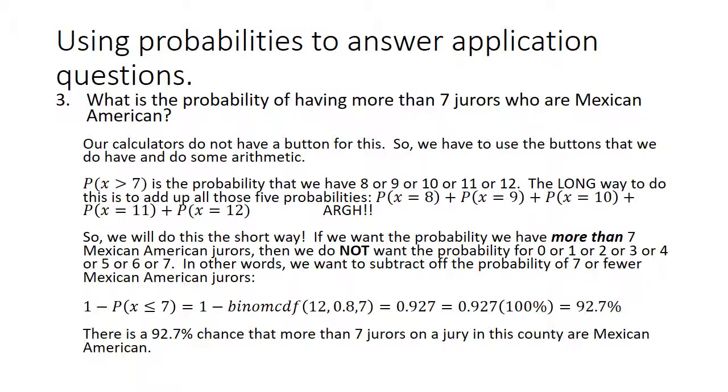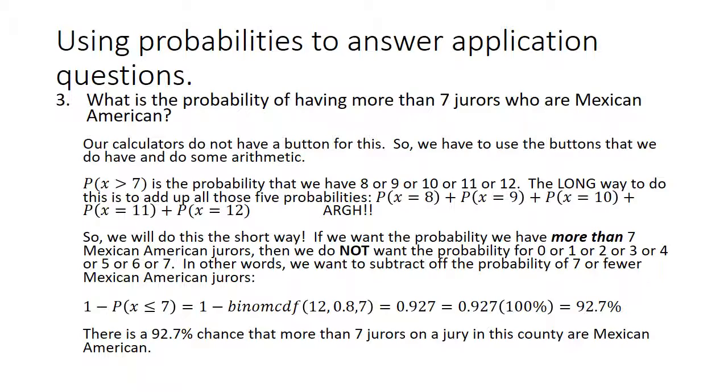If we want anything else, we have to do some arithmetic with the buttons that we do have. So if we want the probability of having more than 7 jurors who are Mexican American, well, more than 7 means we want the probability that we have 8 or 9 or 10 or 11 or 12. We can do this the long way by adding up the probability that we have 8 plus the probability that we have 9 plus the probability we have 10 plus the probability we have 11 plus the probability we have 12.